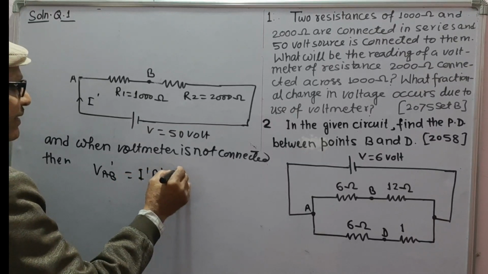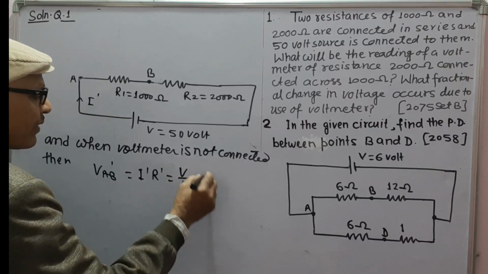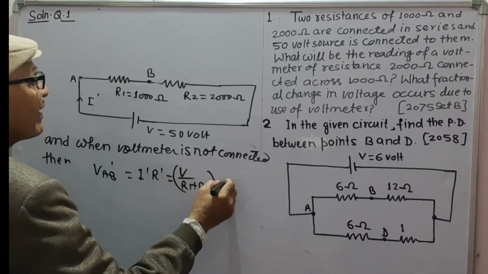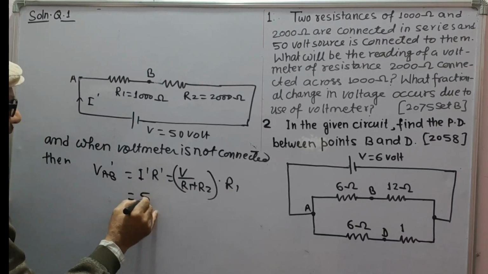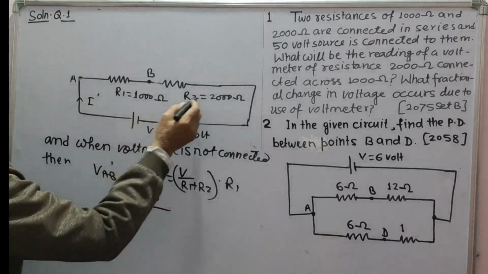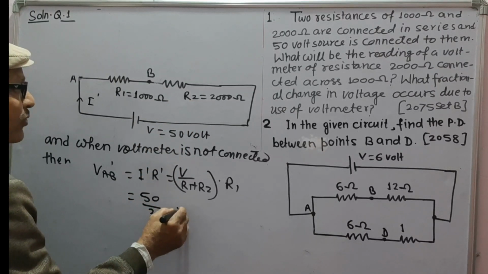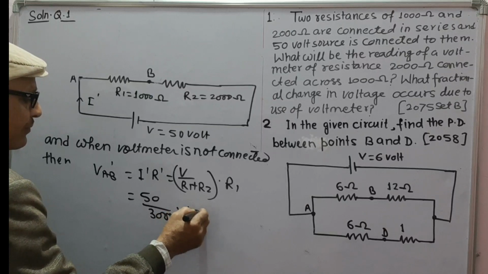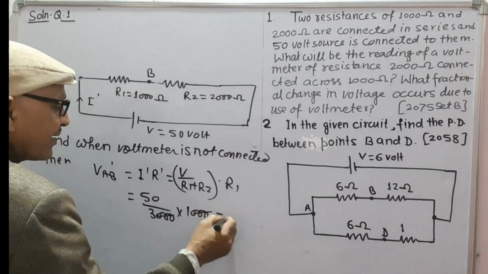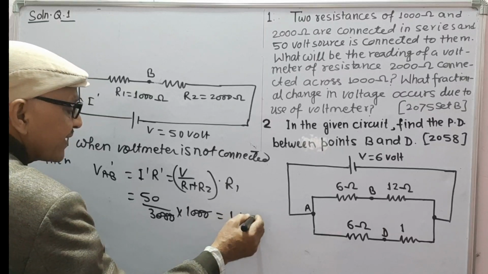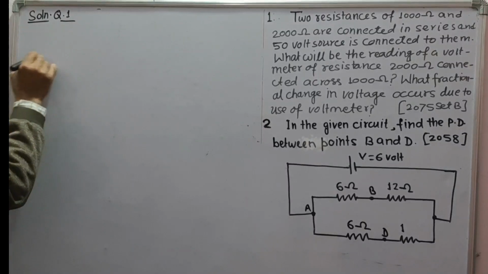I dash will be V upon R1 plus R2, into R1. V is 50 upon 2000 plus 1000 means 3000, into R1 1000. 50 upon 3 means 16.67 volt.